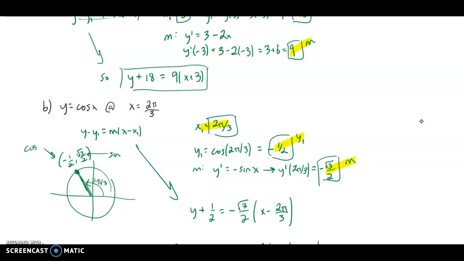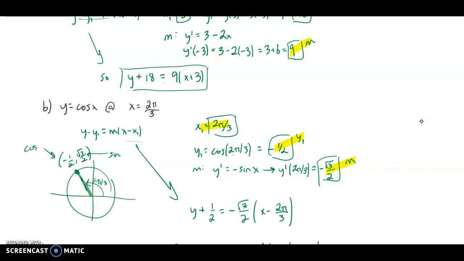My x-coordinate is 1/2. That's the value of cosine at this value. And my y-coordinate is √3 over 2. That's the value of sine. So I'm going to use those guys over here. y1, cosine of 2 pi over 3, is a -1/2 from here, which is where I get the y plus 1/2. Then for m, need to find y prime.